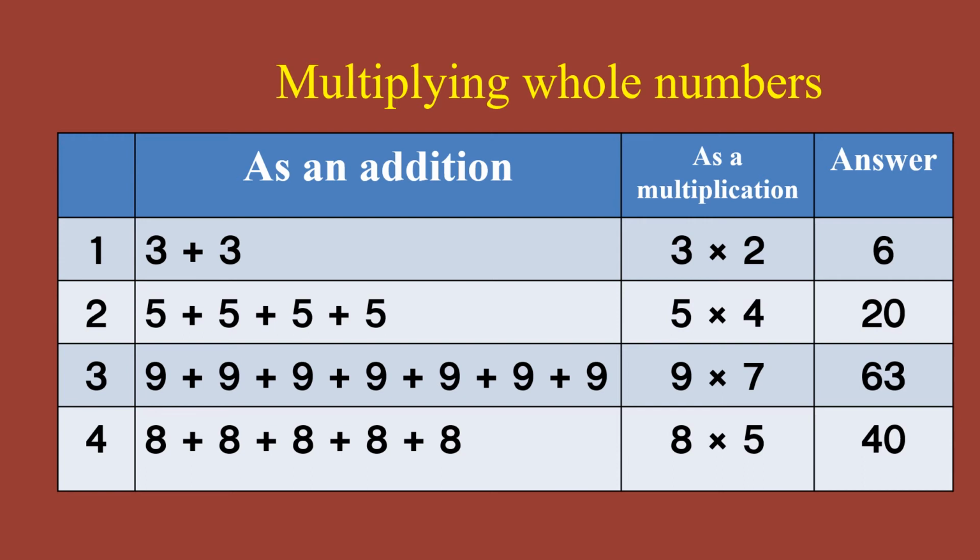So, the answer is the same, that is 63. Next one, 8 plus 8 plus 8 plus 8 plus 8. So, here 5 8's are added together. Therefore, as a multiplication, you can mention 8 multiplied by 5. So, the answer is the same, that is 40.